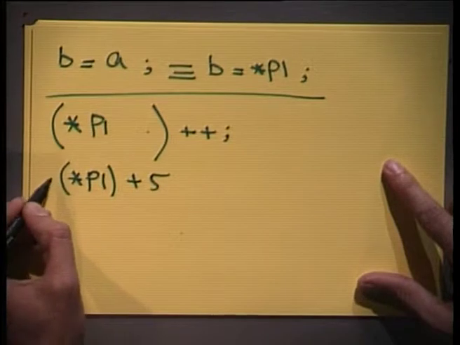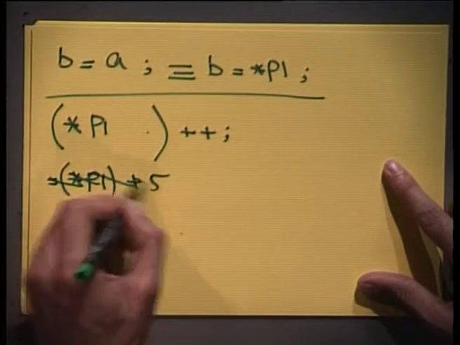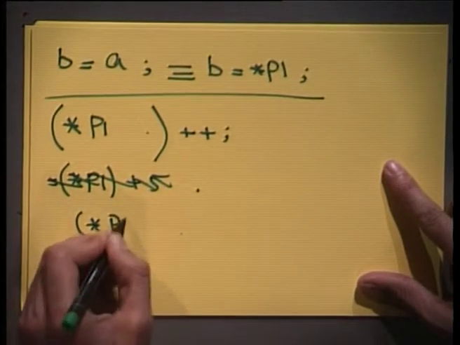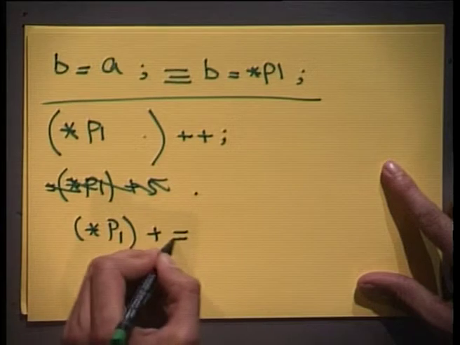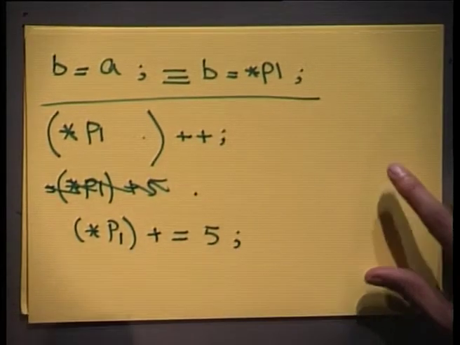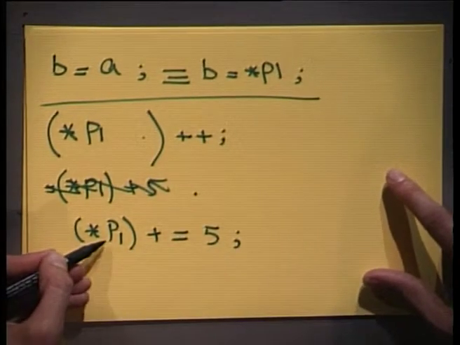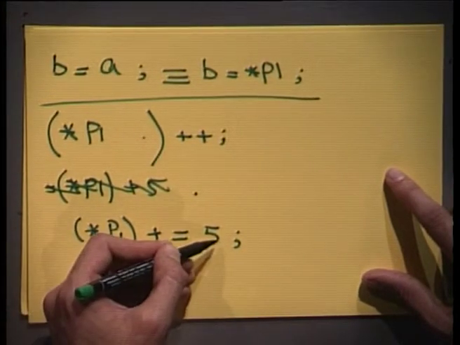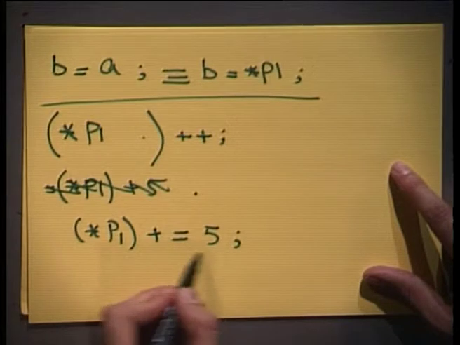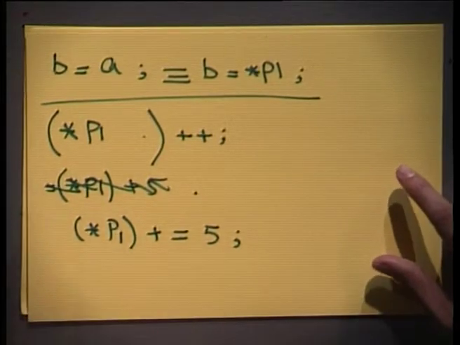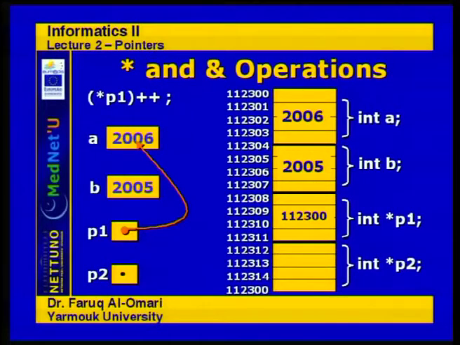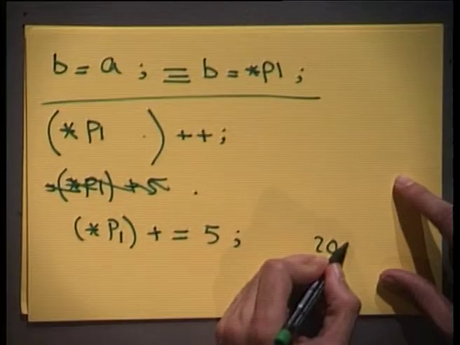All right? Like P1 equals, okay, excuse me. I can say something like star P1 plus equal 5. Let me put it that way. That means go to that location, okay, and whatever in there, add 5 to it. So after I execute this statement then, what I'm going to have at this location is actually 2004 plus 5, and that's 2009.